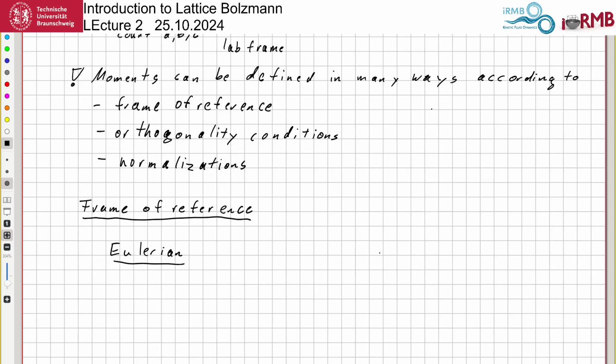The Eulerian is the laboratory frame, which means there is a stationary observer.